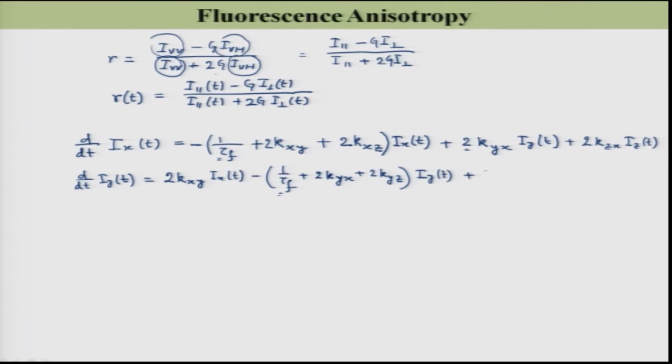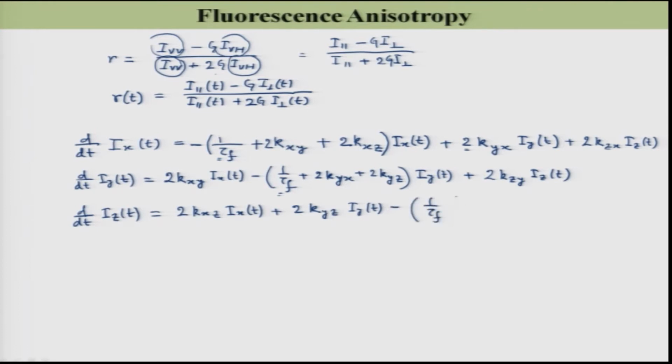Plus 2 k z to y I z t, and I can write the third one, d dt of I z t, as 2 k x z I x t plus 2 k y z I y t minus 1 over tau f, plus 2 k from z to x, plus 2 k z x I z t.